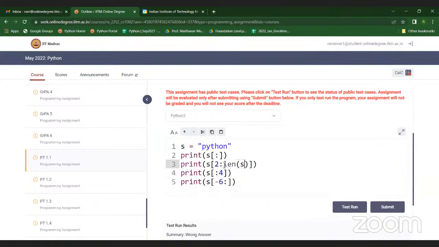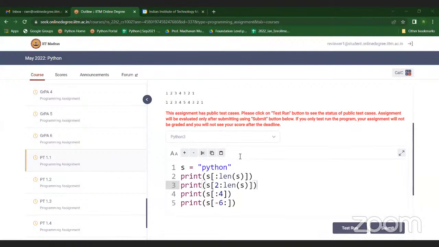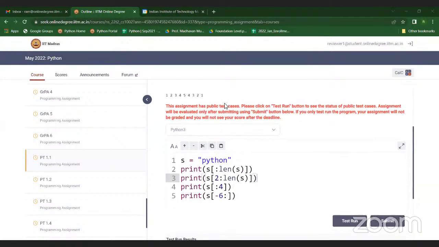You can mention length of s, which includes all the characters, because the indices go until length of s minus 1.